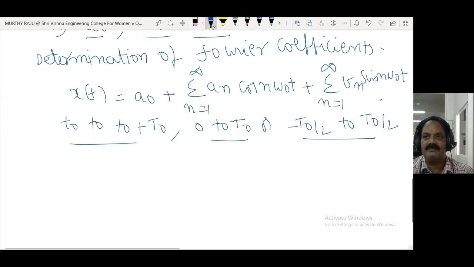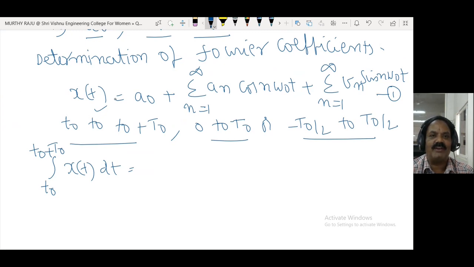This is equation 1. Integrate equation 1 using the interval t naught to t naught plus capital T naught. I selected this one, x of t.